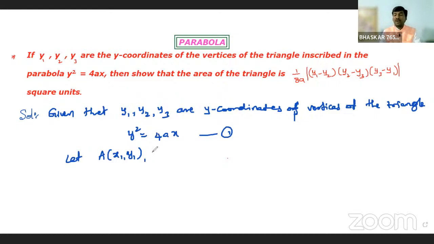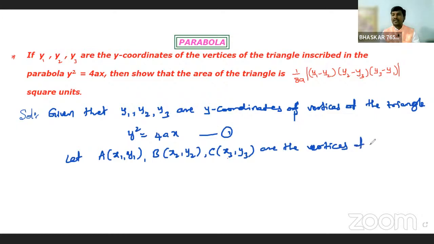So A is the point (x1, y1), B is another point (x2, y2), and C is one more point (x3, y3). These are the required vertices of triangle ABC.